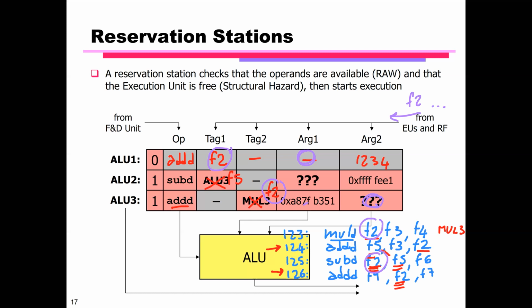So the key here is that we need as a tag something non-ambiguous, something absolutely unique. It can be absolutely anything we want, but it needs to be unique inside our processor.